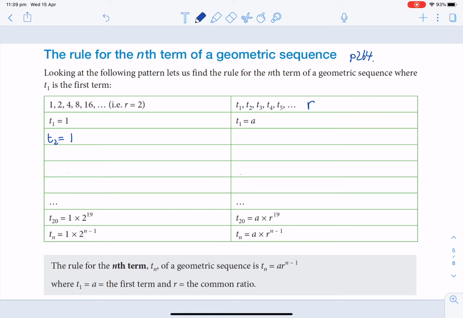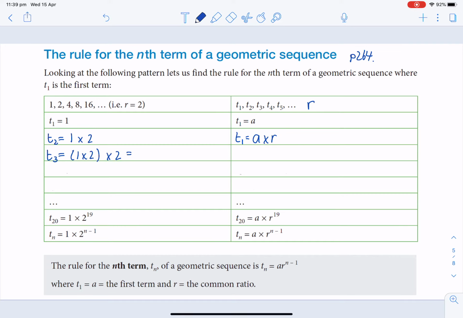Moving on to our second term. We're going to take our first term, then multiply it by our R value. T2 equals A times R. Now, I'm not finding the solution to this. I'm not simplifying anything as yet. Onto my T3 value: my previous term, which is 1 times 2, then I'm going to times it by another 2.